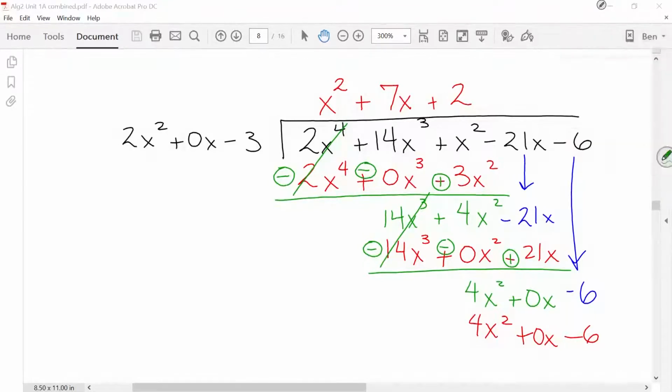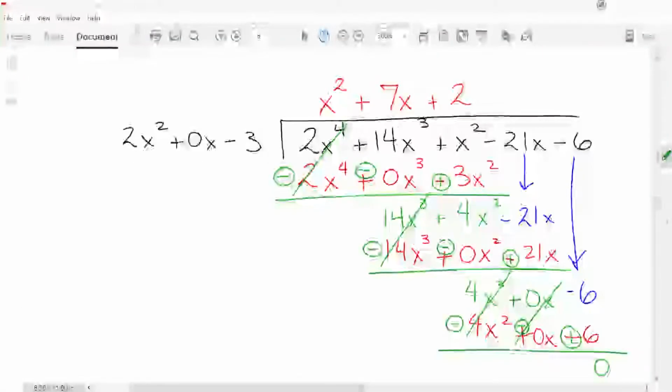I will now change all the signs and circle my change, and I will add. 4x squared minus 4x squared, that just cancels. That should always happen, that first term. And 0x minus 0x is 0x. And then negative 6 plus 6 is 0.